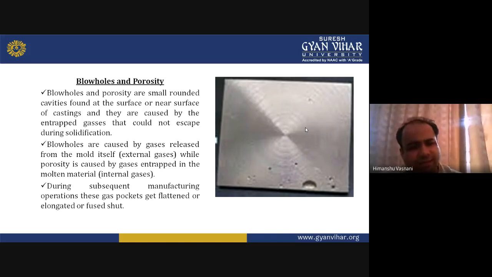Blowholes are caused by gases released from the mold itself, and porosity is caused by the gases entrapped in the molten metal, internal gases.